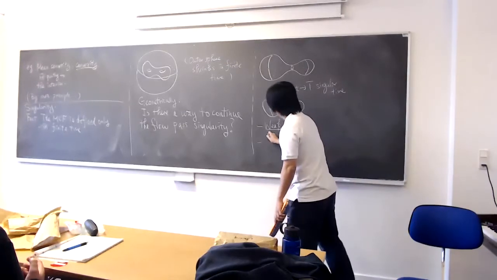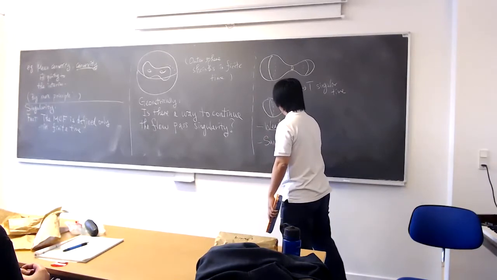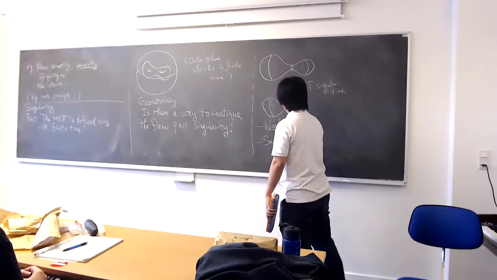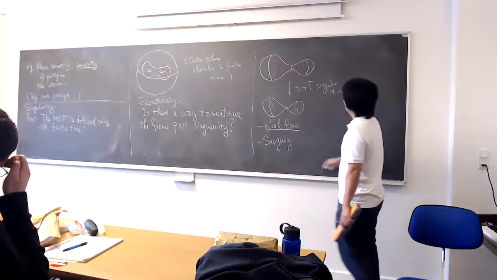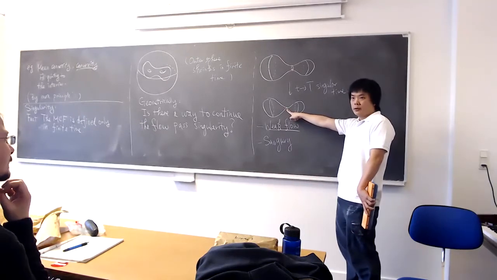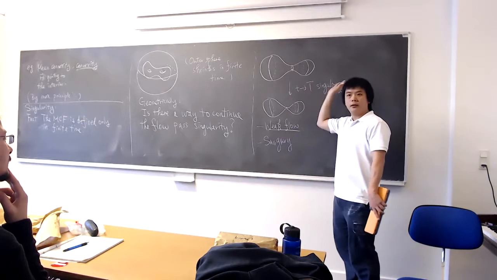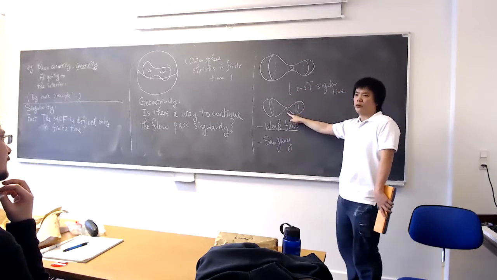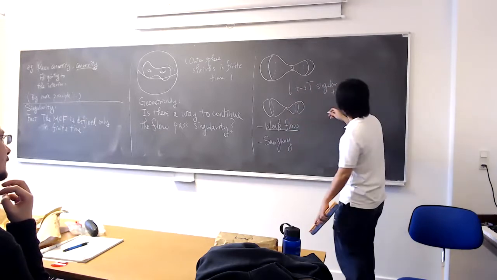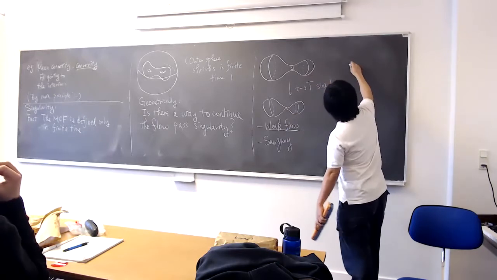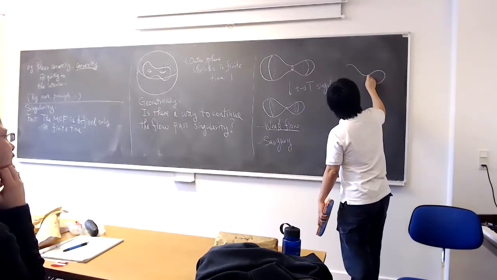The other one is surgery. Right before it becomes singular, we cut away the point where we have high curvature, and then we restart the flow. So between these two pictures, there's one picture that looks like this.